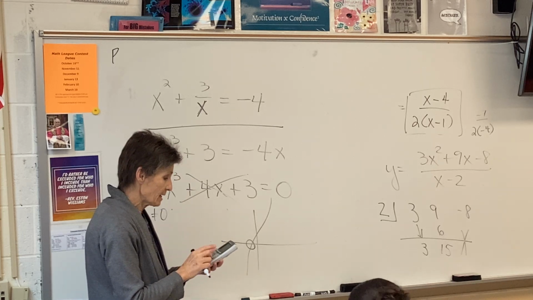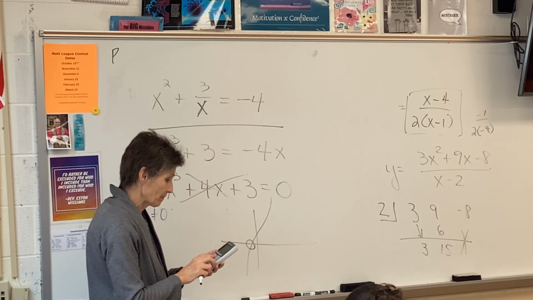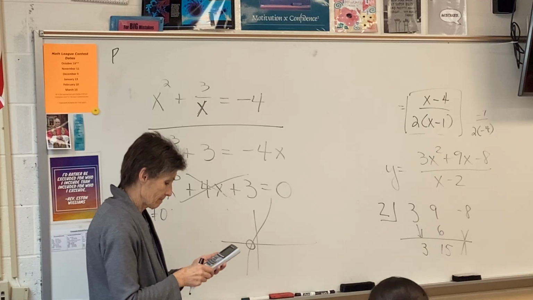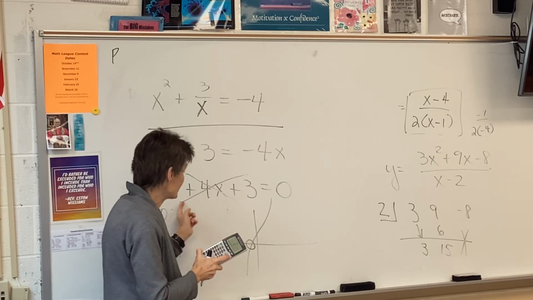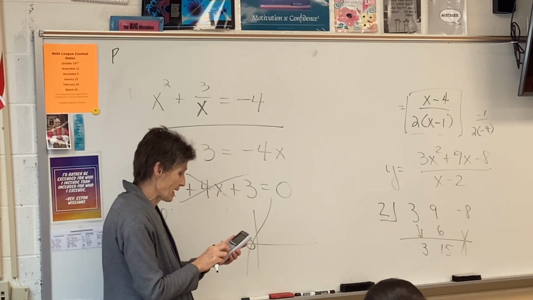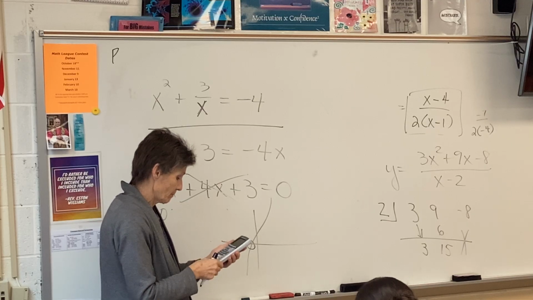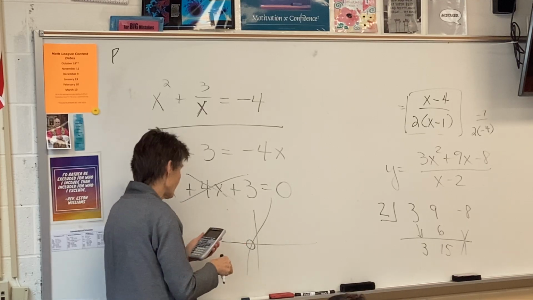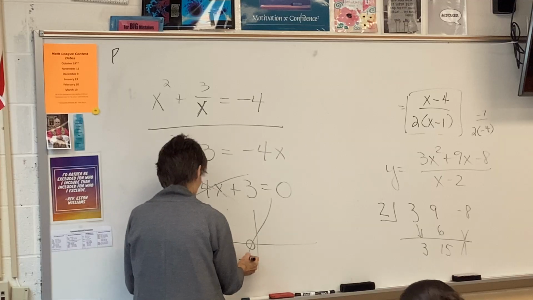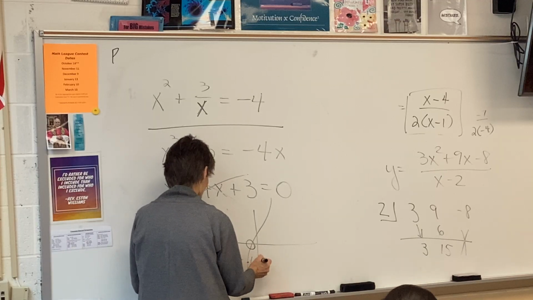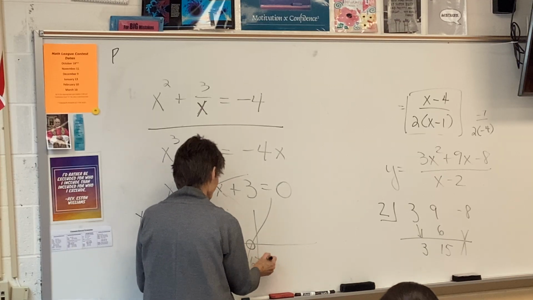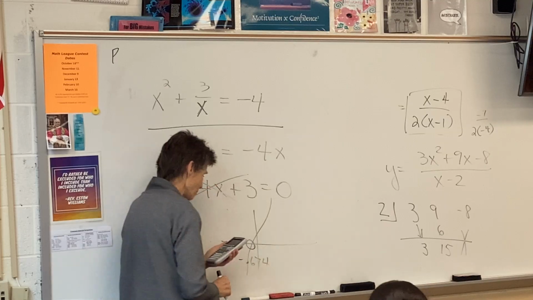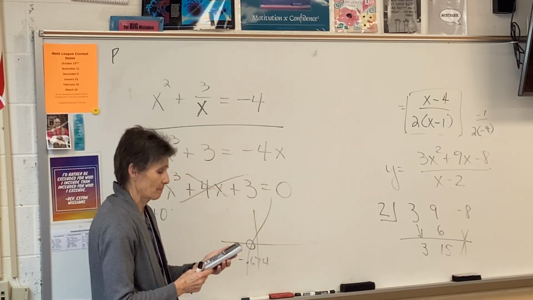So second calc, zero. Now we're graphing this right here. There should be a line running through that, unless you have another equation. And I got negative 0.674.